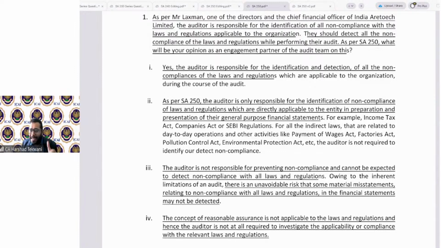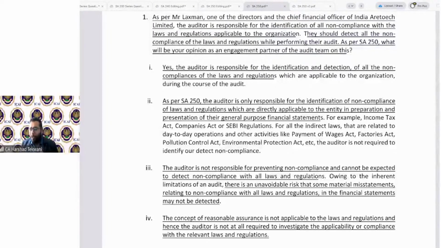The auditor is not expected or responsible for preventing non-compliance. The auditor is responsible for identifying the material misstatement in the financial statement due to non-compliance, but cannot be expected to detect non-compliance with all the laws and regulations. So my role is not to identify the non-compliance. My role is to identify the misstatement due to non-compliance. There's a big difference between both.